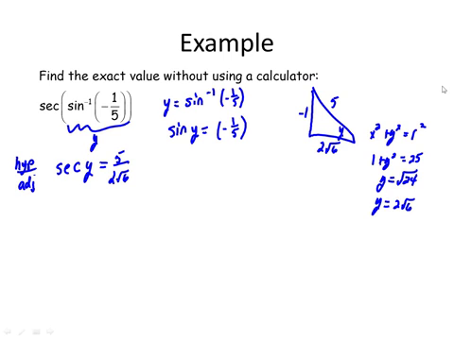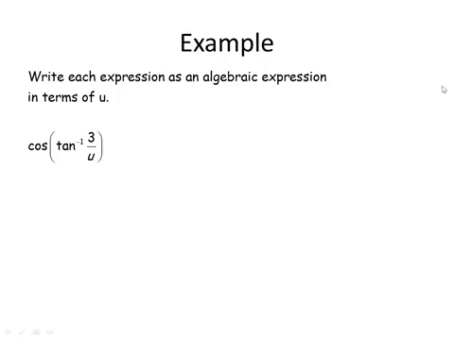Okay? And the only reason why this is on here is so that you can understand the derivatives and the antiderivatives. So we'll work one of these and then we'll move on.